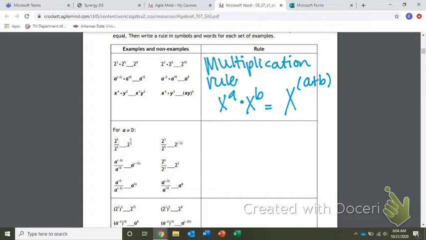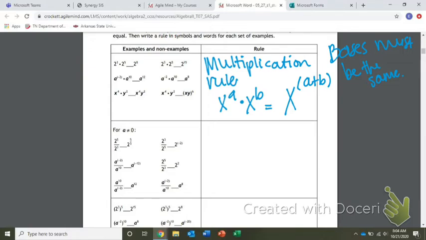But your bases have to be the same. So you could not have a 2 and a 3. You would have to have a 2 and a 2 or a 3 and a 3. So I would also like you to write in that box, bases must be the same. Okay?